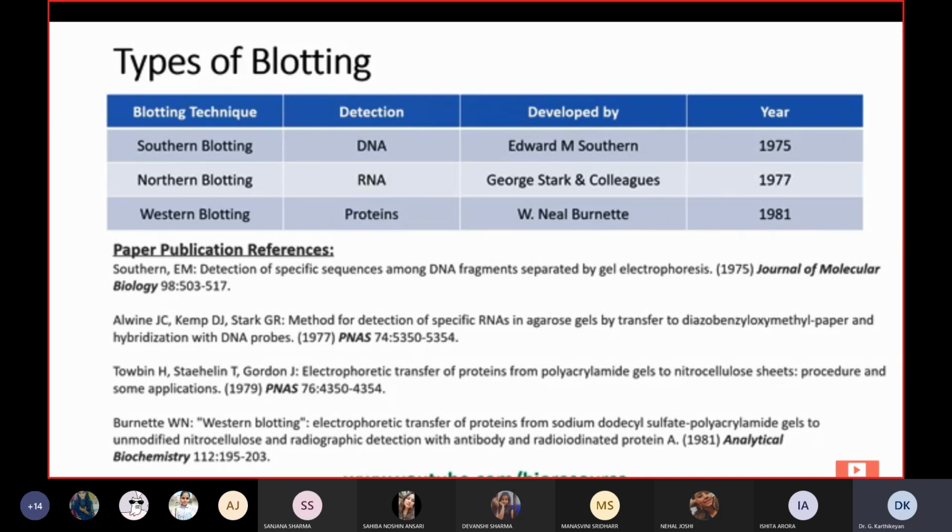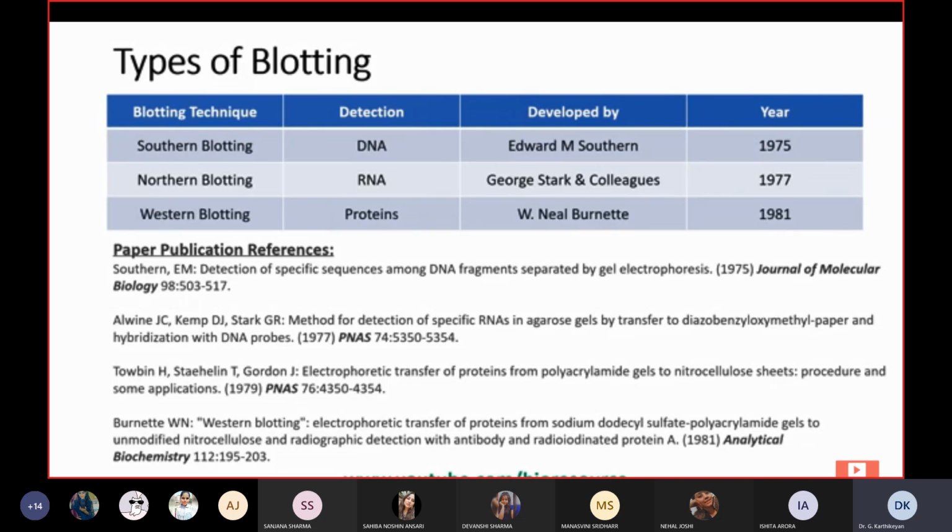The southern blotting was developed by Edward M. Sutton in 1975, and northern blotting for the detection of RNA was developed by George Stark and his colleagues in 1977. In 1981, Neil Burnette refined the process which George Stark developed for the detection of proteins, and it is termed as Western blotting.